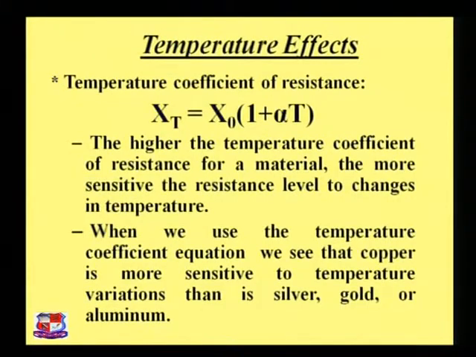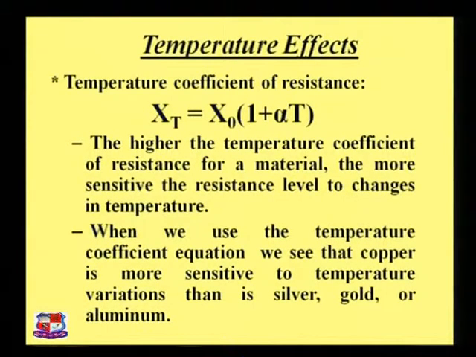The temperature coefficient of resistance directly gives us the equation Xt equals X0 into 1 plus alpha t. This is the most important equation, which directly describes the temperature effect. The higher the temperature coefficient of resistance for a material, the more sensitive its resistance level. If the material depends strongly upon temperature, it is very sensitive.